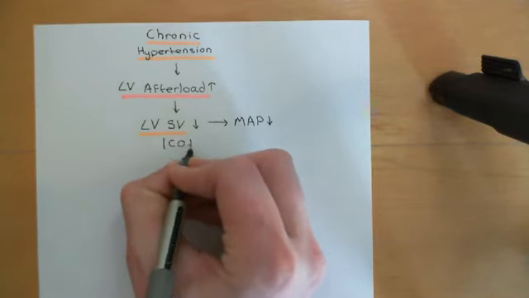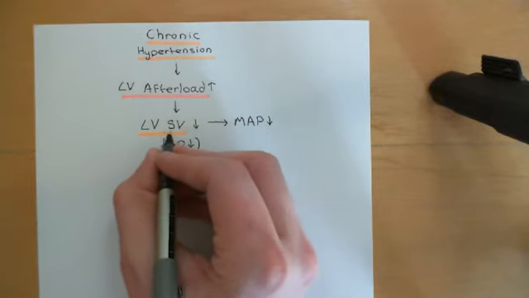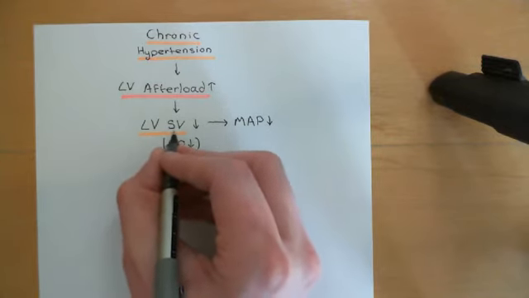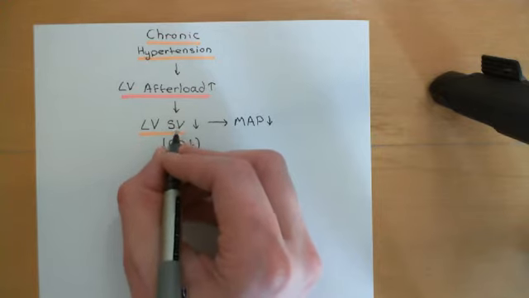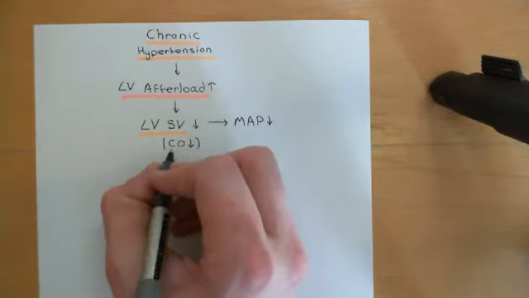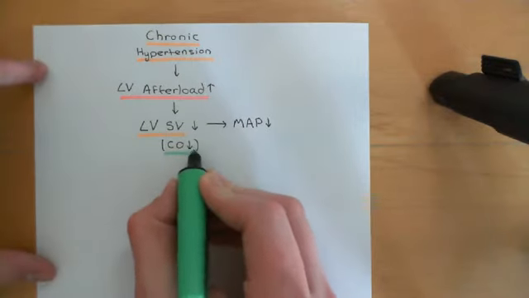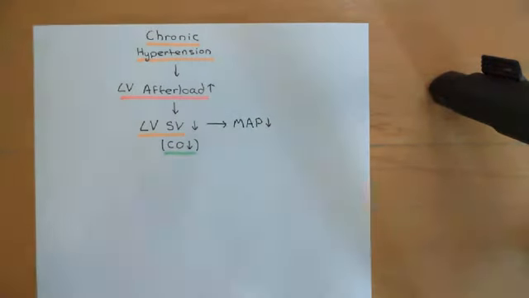I'll put that in brackets here. Because remember, cardiac output is just how much blood you eject on each beat times how many times you beat in a minute, so times heart rate. We're assuming that heart rate hasn't changed yet, so of course if stroke volume goes down, cardiac output goes down as well. Okay, so why does cardiac output going down cause mean arterial pressure to go down?